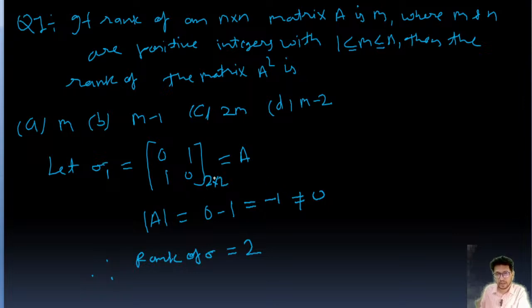Now there is a condition given, and clearly 2 is between 1 and 2, so it satisfies the condition that M is greater than or equal to 1 and less than or equal to n.